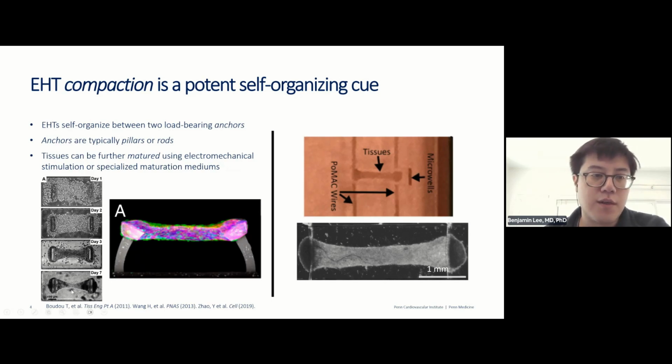And over the course, in this case of 7 days, some as few as 3 or 4 days, or as many as 28 days, they will compact against two flexible anchors. And then these tissues can be further matured using electromechanical stimulation or maturation mediums that mimic the metabolic landscape in the developing heart.